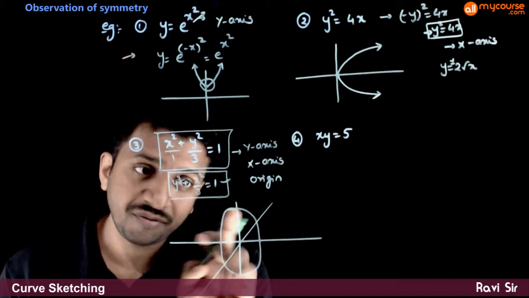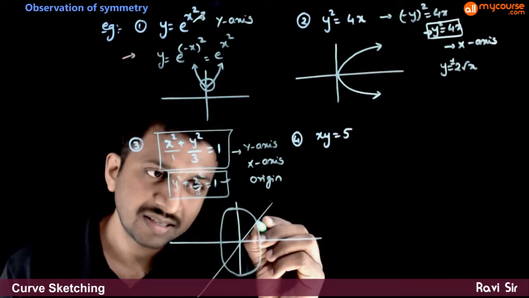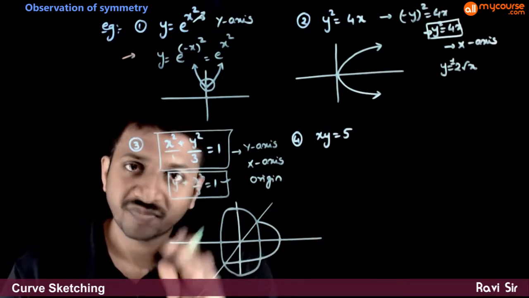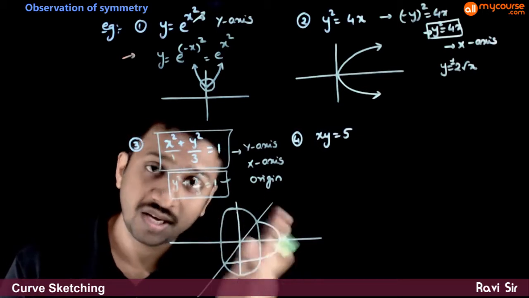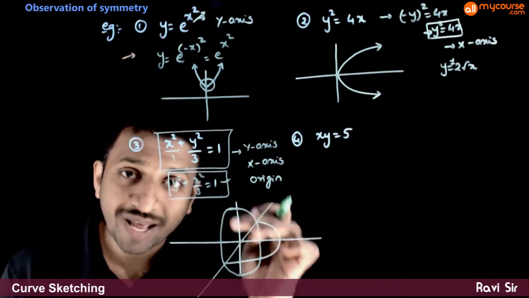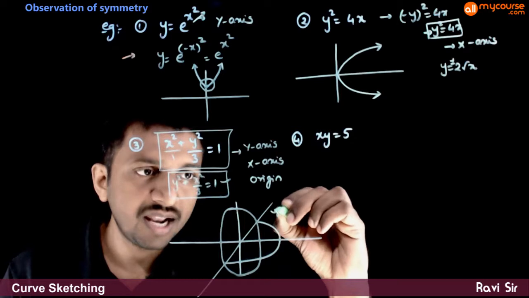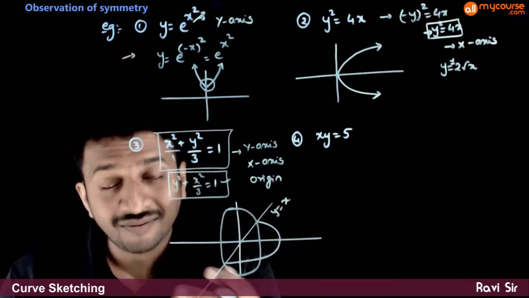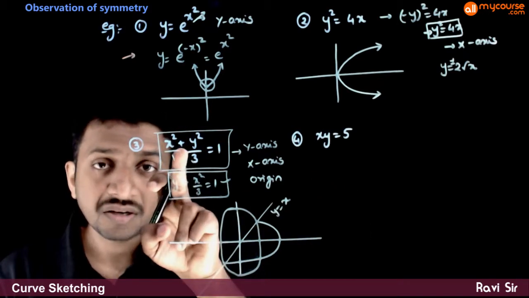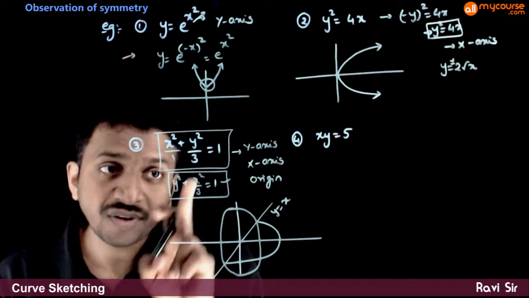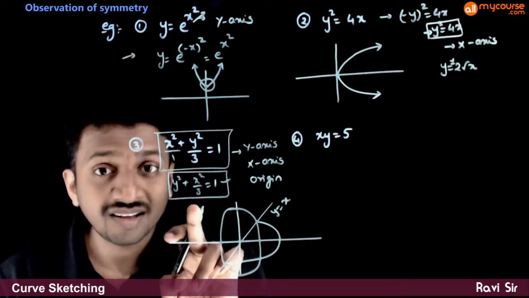You can see this very clearly. If you fold this, this goes here. So you are not able to exactly fold the curve about the line y is equal to x. And why is this happening? Because if you put y in the place of x, x in the place of y, the curve is changing.